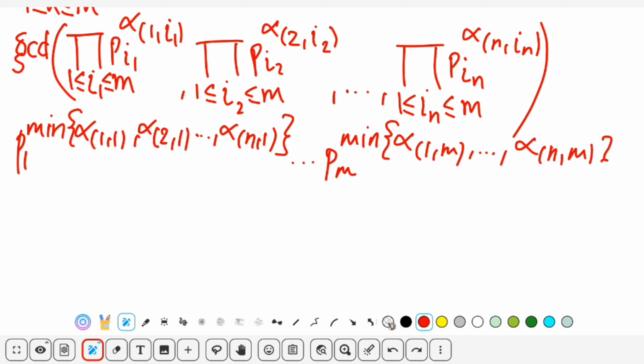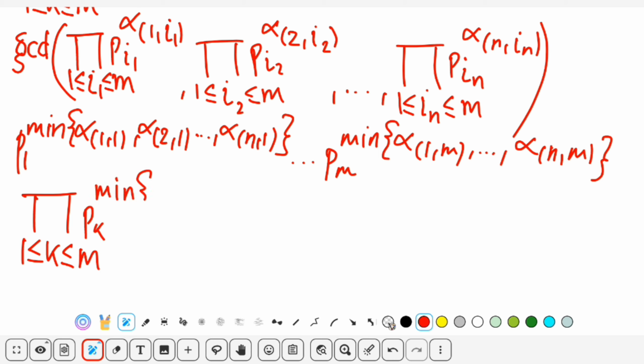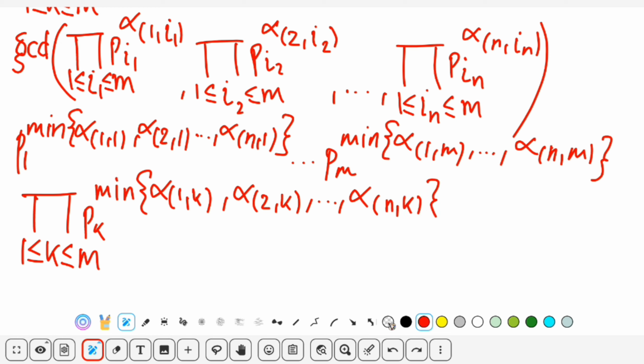Now let's write this in product form. So this will be the product for 1 less than or equal to k less than or equal to m of pk raised to the minimum value of alpha 1,k, alpha 2,k, up to alpha n,k.